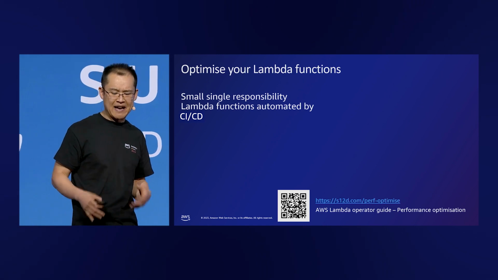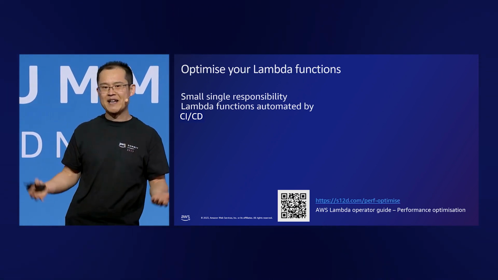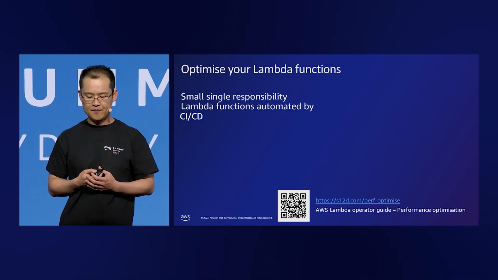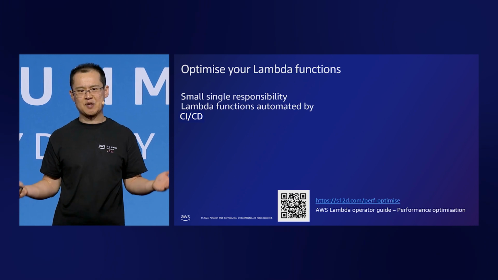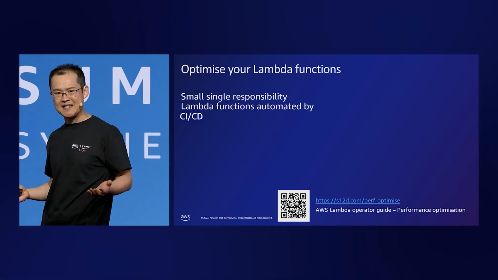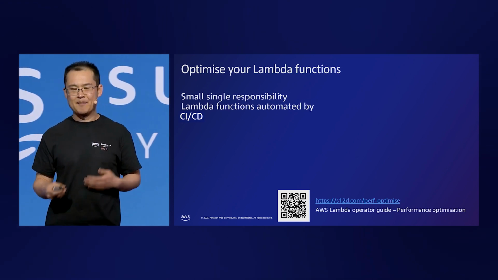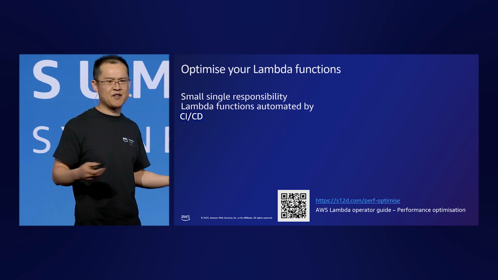You can achieve this by having small, single responsibility Lambda functions and avoid writing a large Lambda monolith. With this practice, you will end up with many small Lambda functions to support your application. So it's very important to have CI/CD to automate the packaging, unit testing, and the deployment of your Lambda functions to different environments.